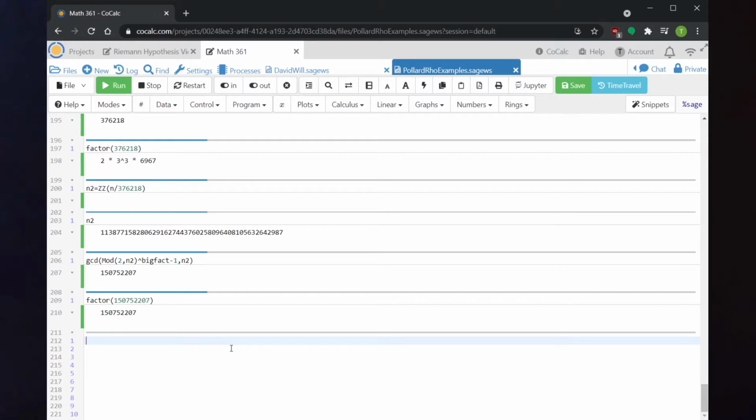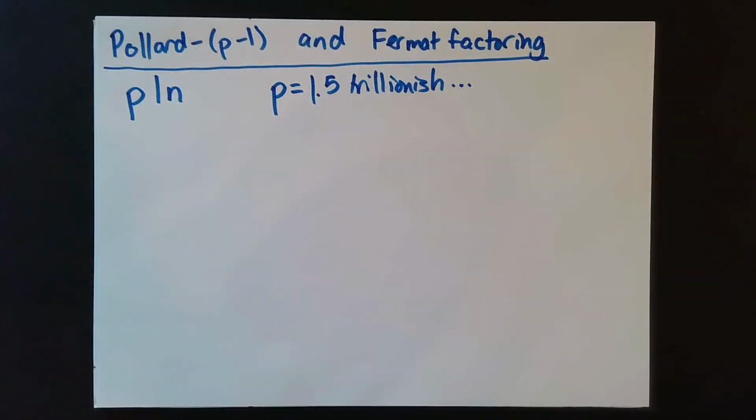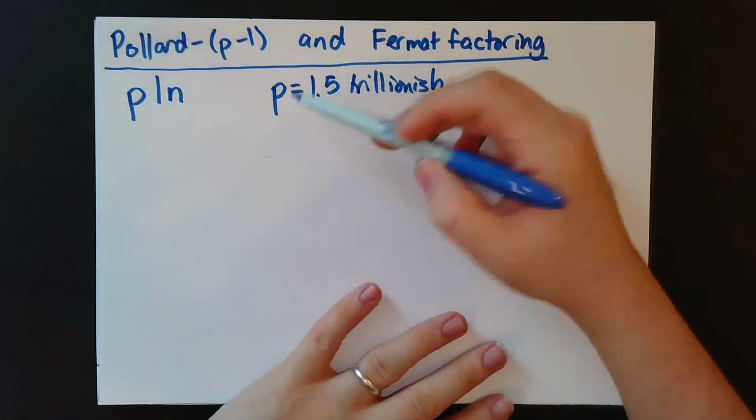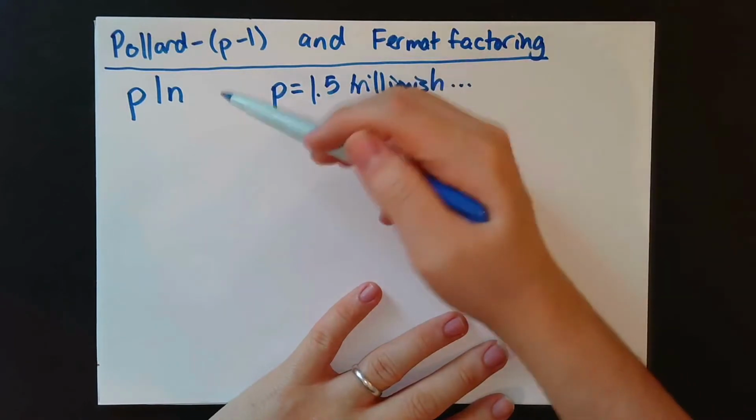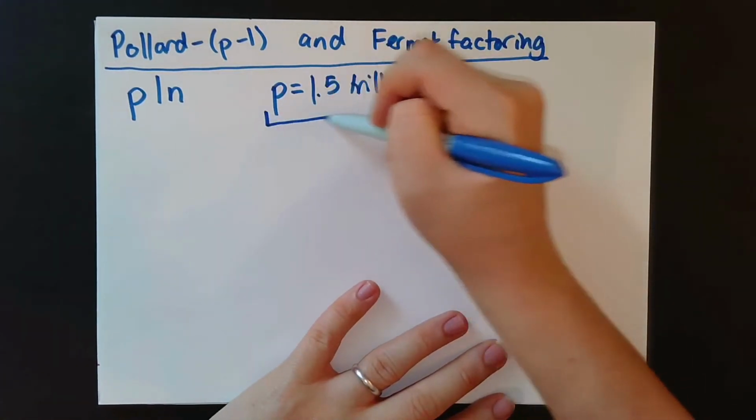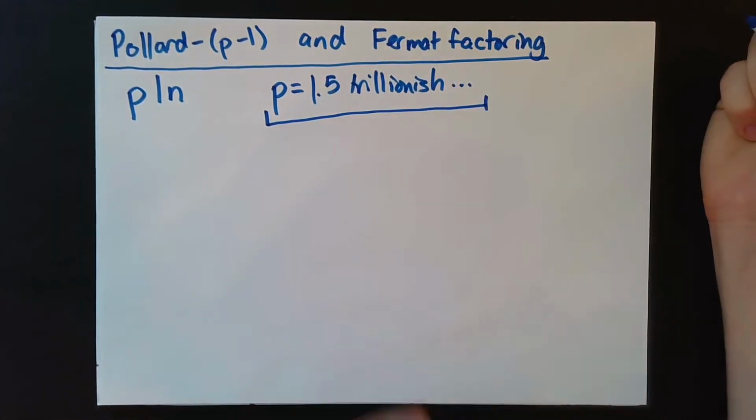And so we've got this particular number, n, or n2, or whatever you want to call it. And we have some prime dividing n. And in this case, our prime is this giant 1.5 trillion-ish number. And I want to explain what we actually calculated and how we were able to pull out this factor.